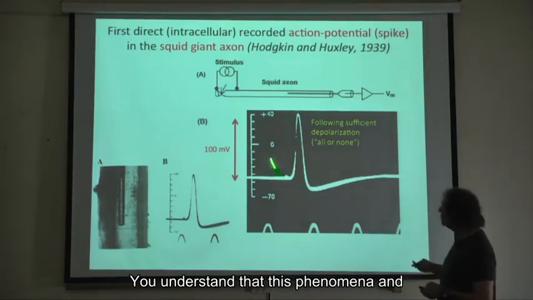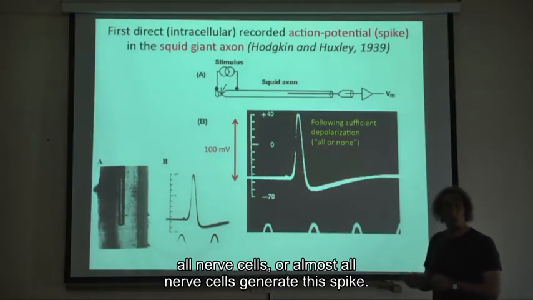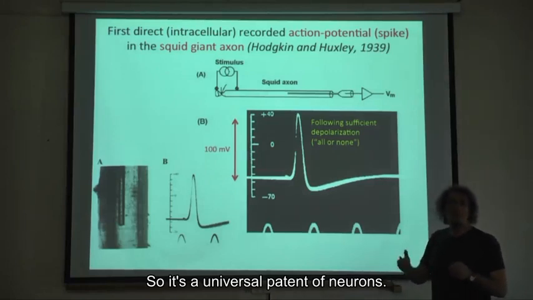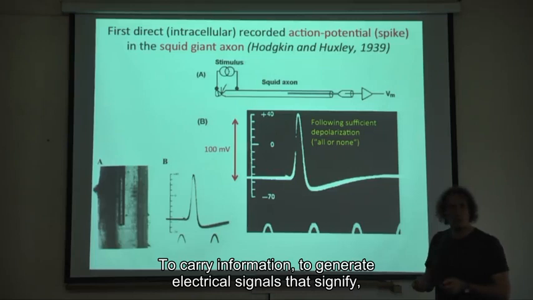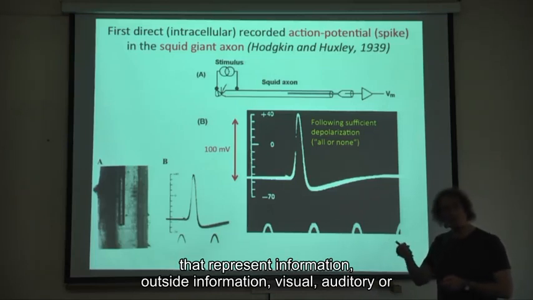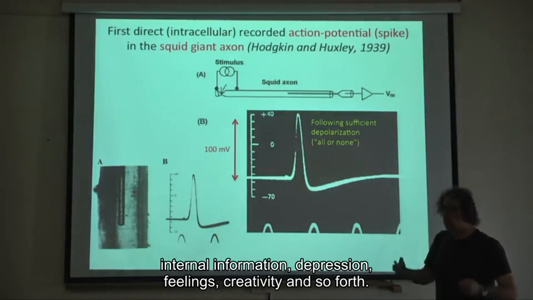You understand that this phenomenon, and I mentioned it already before, is a general universal phenomenon for all nerve cells, or almost all nerve cells generate this spike. So it's a universal pattern of neurons to carry information, to generate electrical signals that represent information, outside information, visual, auditory, or internal information, depression, feelings, creativity, and so forth.